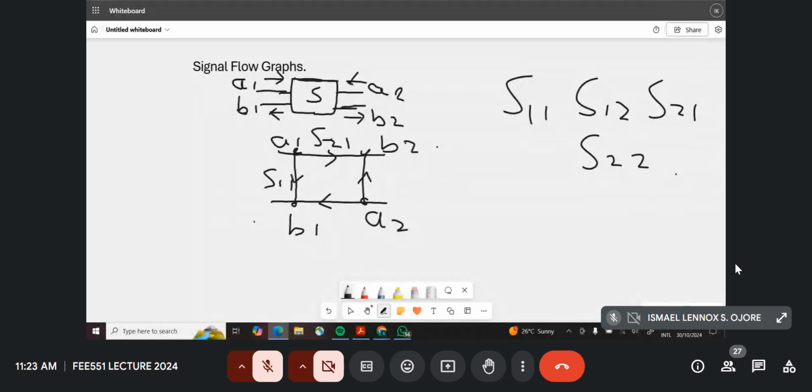I hope that's understood. And here is S12, and this is the other reflection coefficients. So A1, B2, and B1, A2 are nodes, and these lines connecting them are branches.